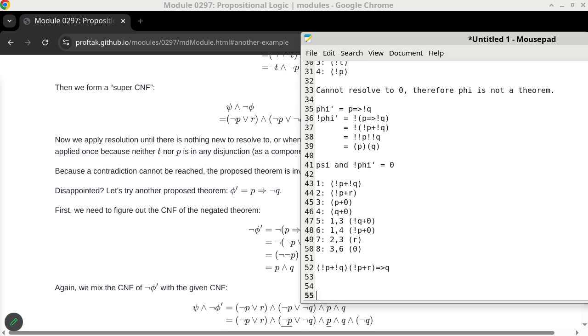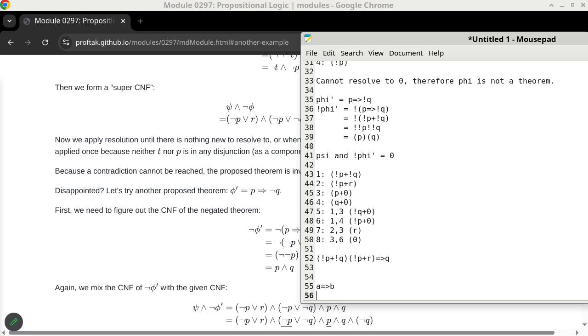Let me give you the general equation like that. So if A implies B, then A equals, I have to be careful here, A and B. So let's check out whether this is correct or not.